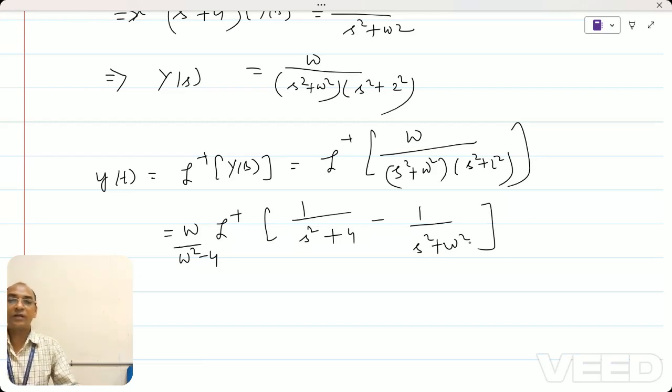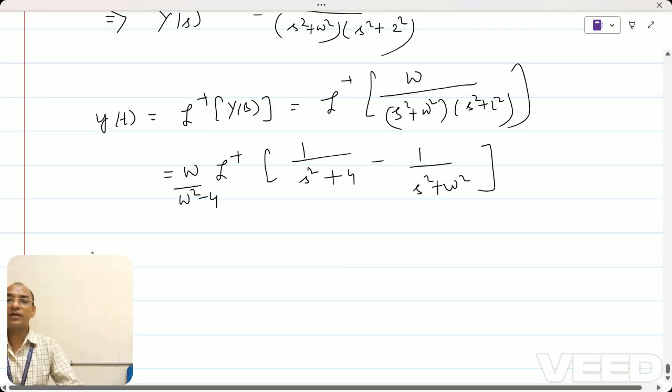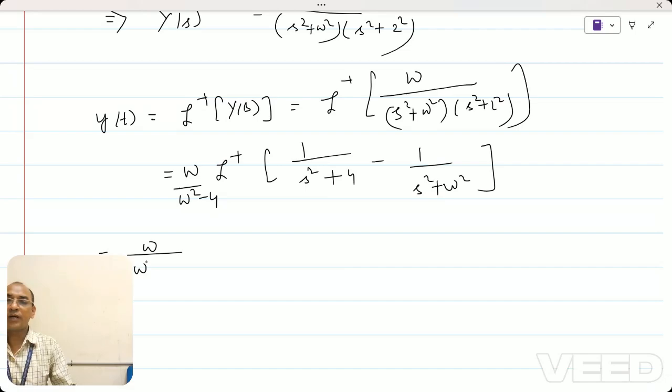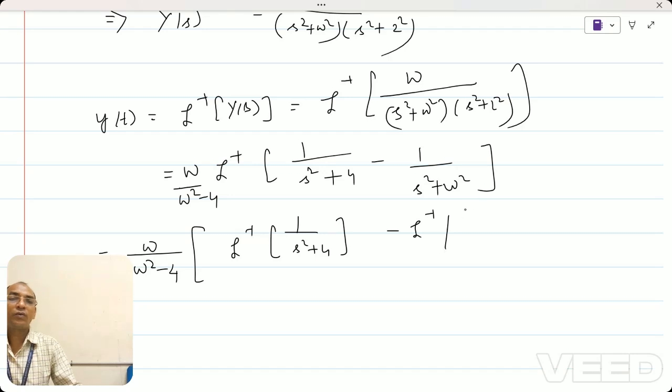So this will be the thing. Now I will write omega by omega square minus 4 whole, into L inverse of 1 by s square plus 4 minus L inverse of 1 by s square plus omega square.